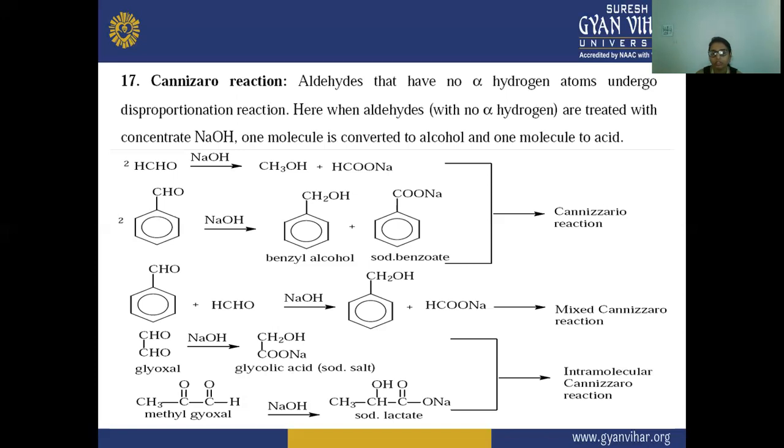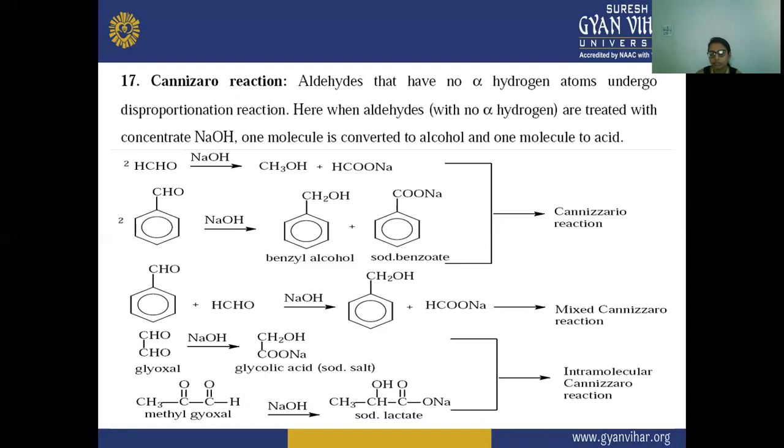So here the aldehyde that has no alpha hydrogen is treated with concentrated NaOH, and the aldehyde molecules are converted into one molecule of alcohol and the other molecule of acid.